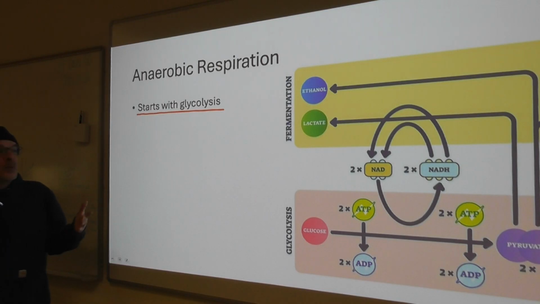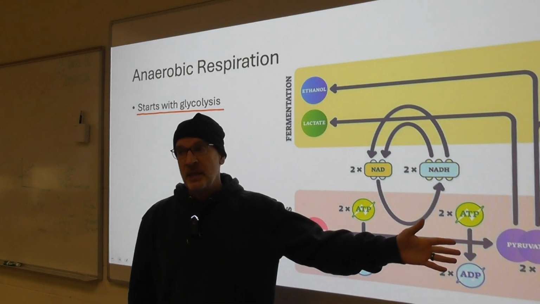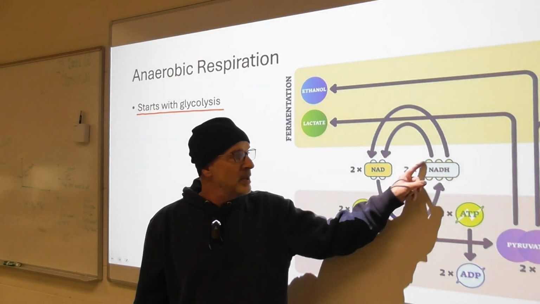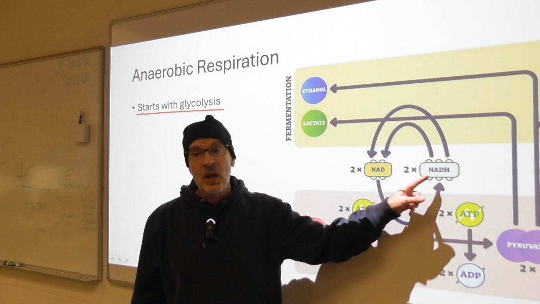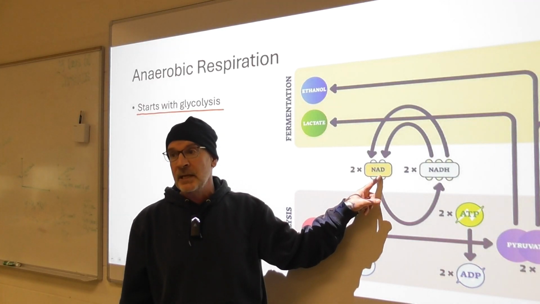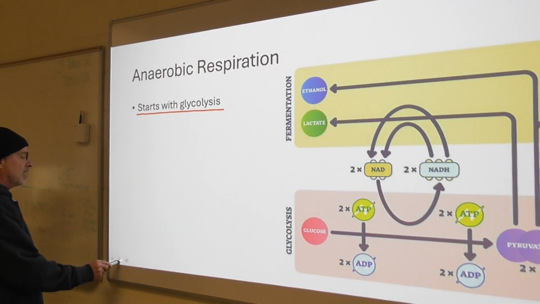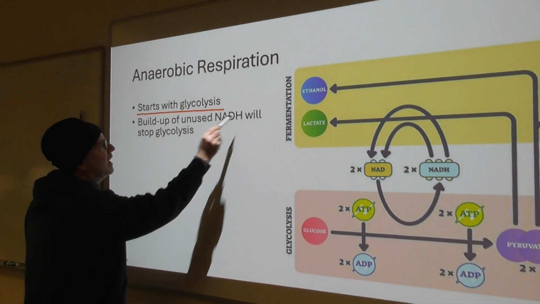So that means we can still get ATP from glycolysis, but we have a problem here. This NADH is not being used in oxidative phosphorylation anymore because it isn't happening. This NAD plus is a raw ingredient in glycolysis. It's a reactant. So if we don't have oxygen, then we're going to get this buildup of NADH.